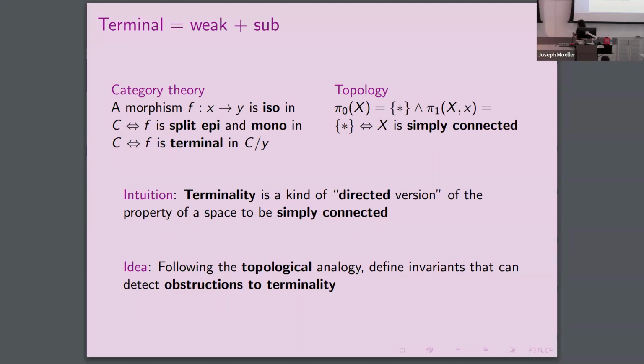So the idea in this talk would be to follow this topological analogy, making it formal, and define invariants that can detect obstructions to terminality, just like pi 0 and pi 1 in topology detect holes in a space, for example. So obstructions, in a sense, for that space to be simply connected.